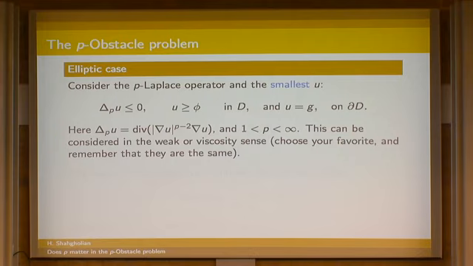The boundary data will not be important for the moment, and I guess it will not be important throughout the talk, but I give it just to avoid questions about that. And u will always be above an obstacle. So phi is an obstacle here, and you're looking for a p-superharmonic function. But of course, you're looking for the smallest one.